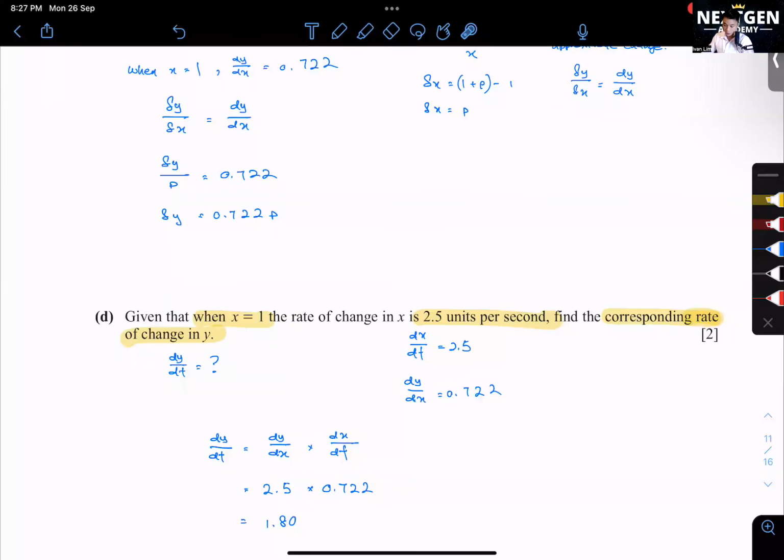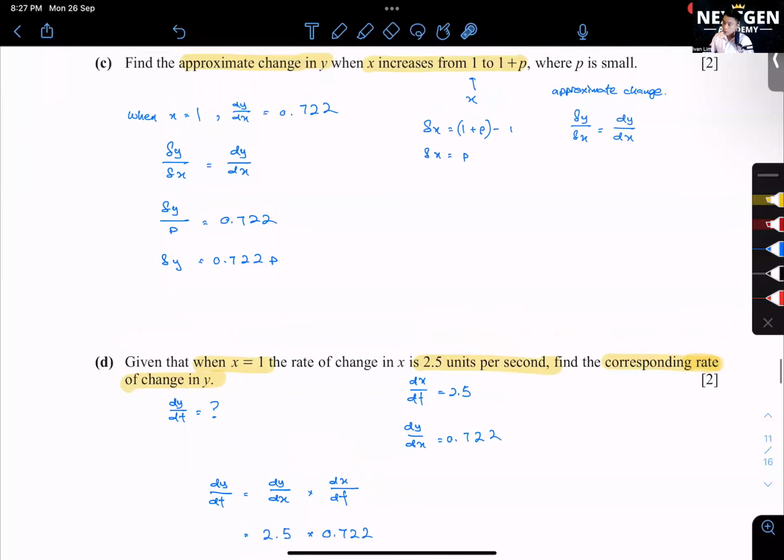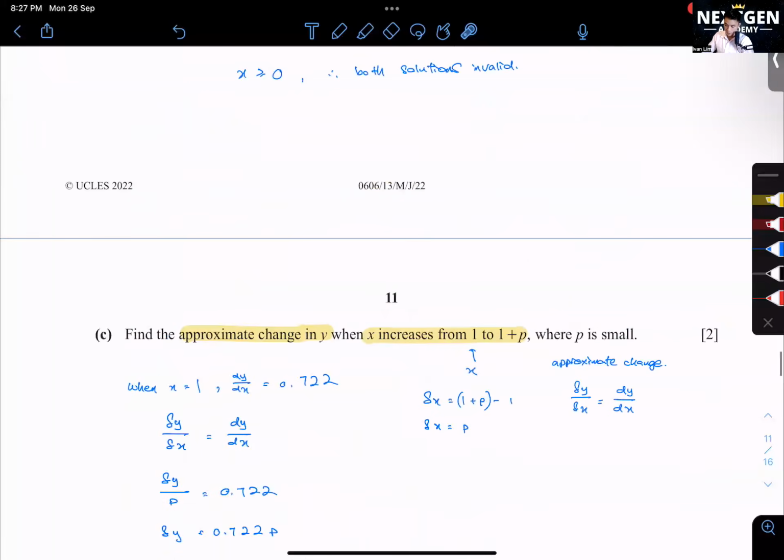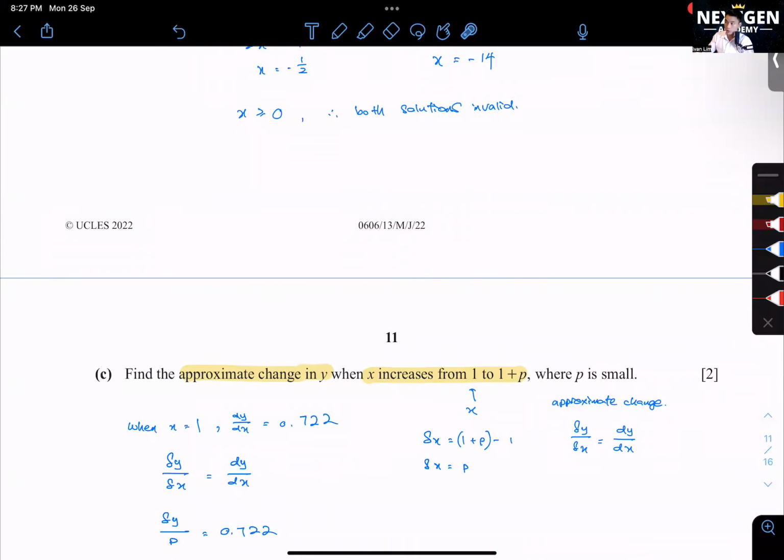I remember I saw some of you got that. The mark scheme only accepts 1.80 actually. So you have to be careful, because this 0.722 is also a value that is rounded already. What's the original value that you typed in? I don't know how strict they are for this one, because the mark scheme never accepts 1.81. That's why I minus your marks.